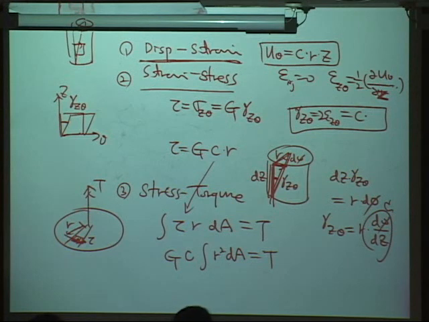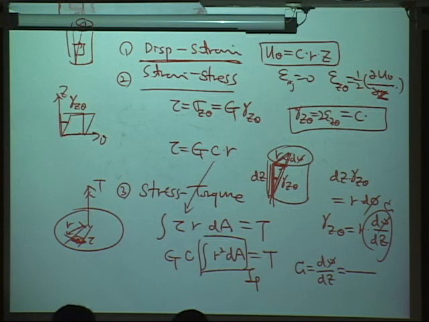So what is this term called? R squared dA. This is the IP, the polar moment of inertia. And what is the unknown here? The unknown is C, which is d phi over dz, equal to T over G IP.